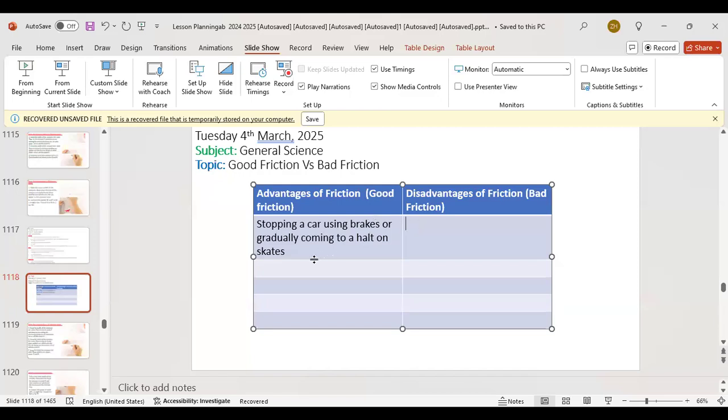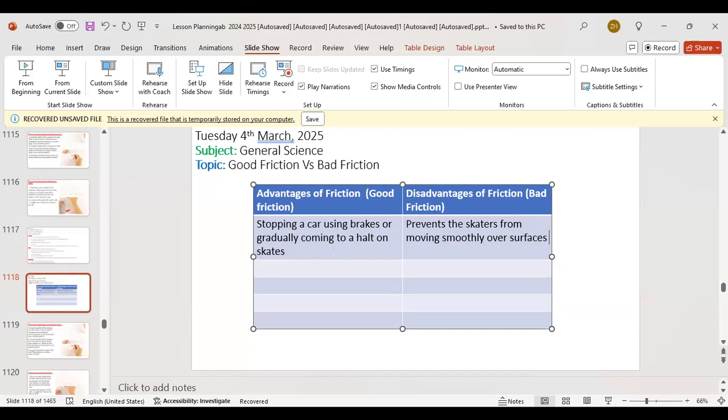All right. So now, bad friction prevents the skaters from what? From moving smoothly over surfaces, right?